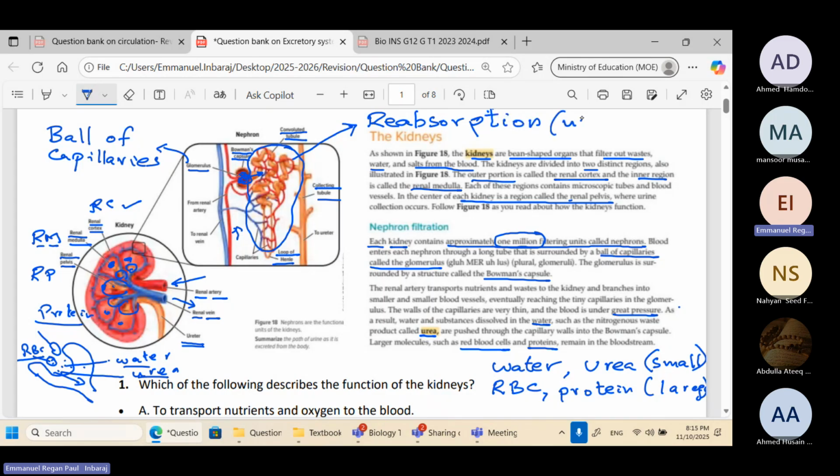All the substances useful to your body are absorbed back. So remember that, whatever is useful to your body is absorbed. This is what is happening at this particular place, which is called the convoluted tubule. This is the loop of Henle. You see this structure.